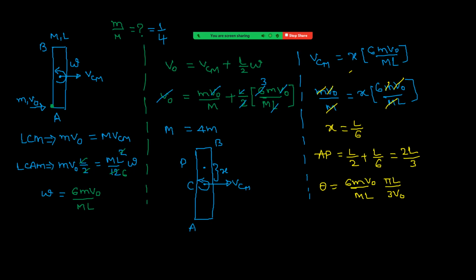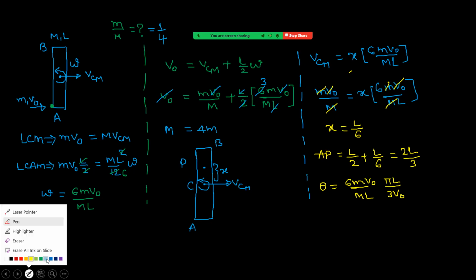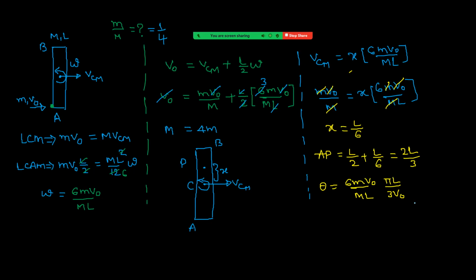Now simplify this. What we can cancel? V naught, 3 here, 2 times L cancel. This is 2 pi, remaining is m upon M. And this value we got 1 by 4.